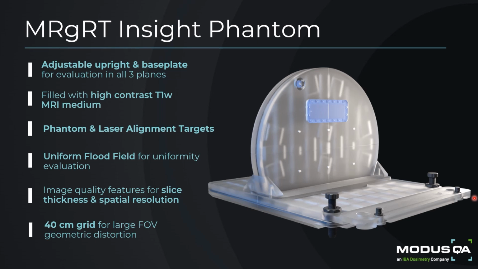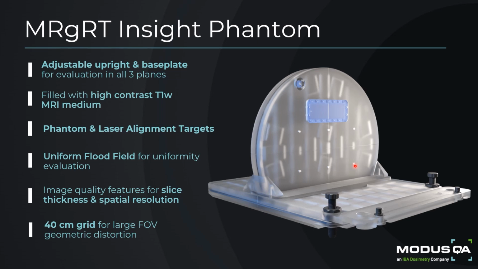In addition, the Phantom also consists of 2 movable sections, the base plate, which is this lower portion here, as well as the upright, which I will likely be referring to a lot during the remainder of this presentation. This functionality is mostly to provide you with detailed image quality metrics in all 3 coordinate planes.